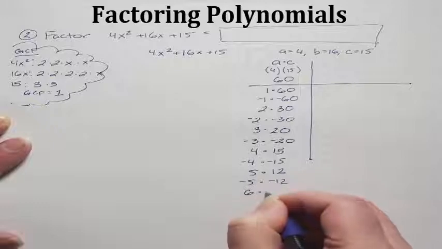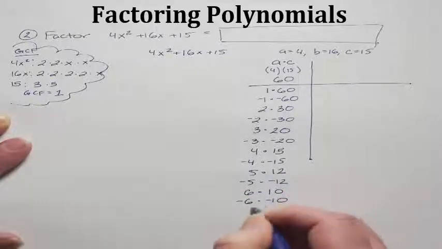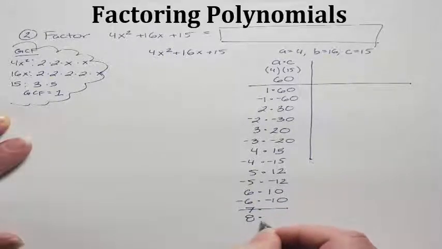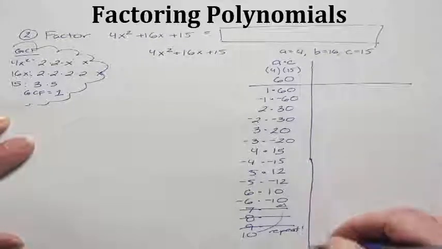So now I need my sixes. 6 times 10. That was my positives. So here are my negatives. I need to try 7. 7 doesn't have anything. So try 8. 8 didn't have anything. Try 9. 9 didn't have anything. The next is a 10, but 10 is written right there, which means I am now repeating. So that means that's the end of my list. So my list was a lot longer than I thought it was going to be.